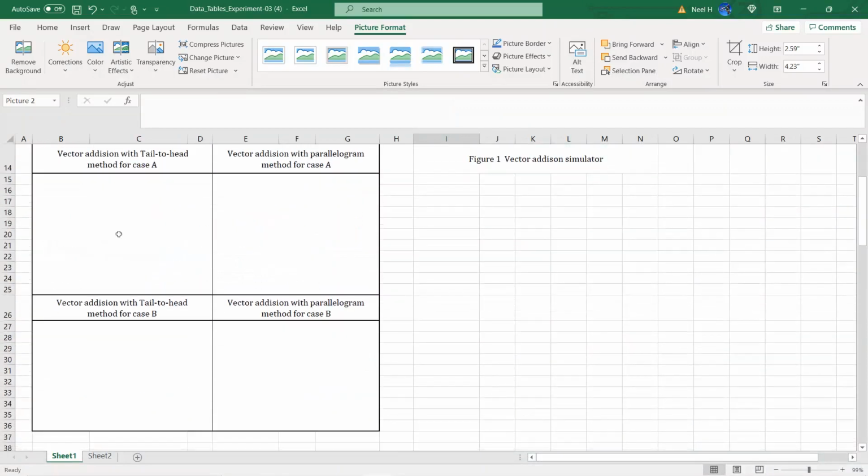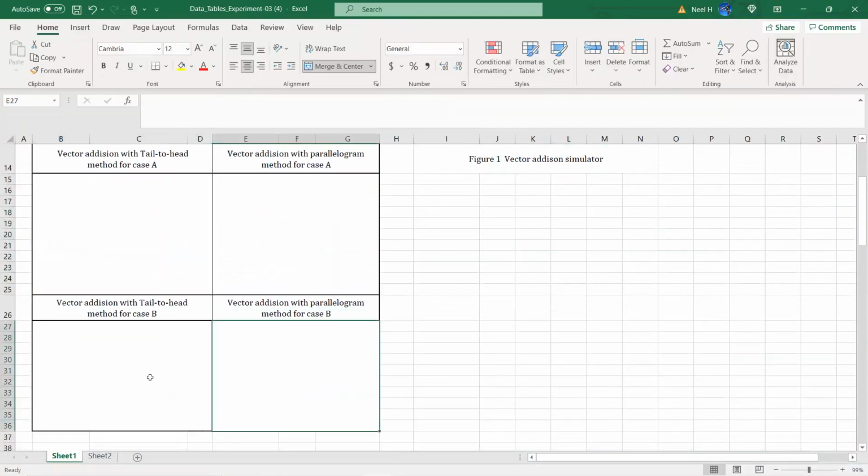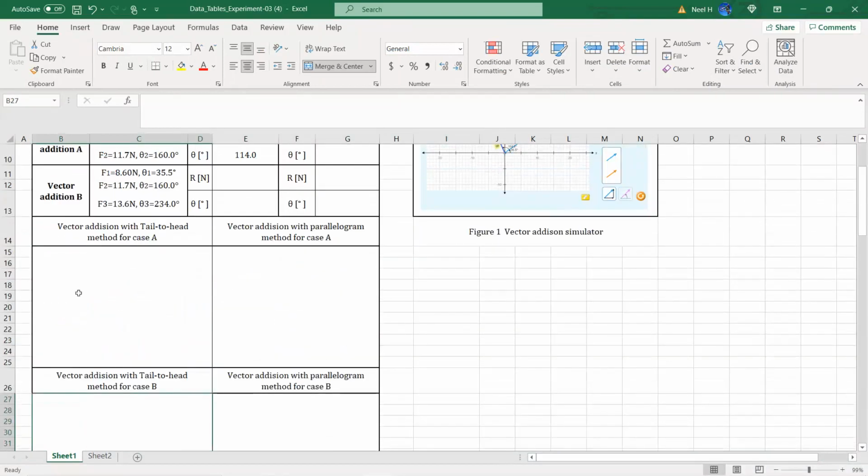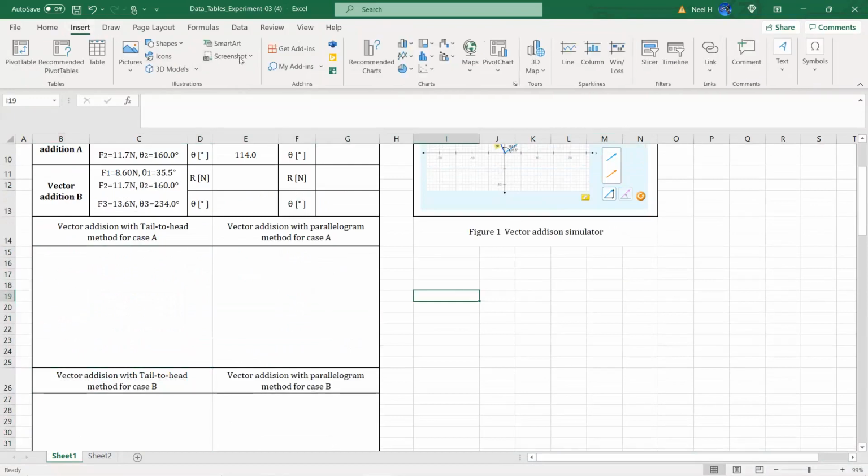Then right here, these places are for the vector diagram. The vector diagram does not need to include this other information. It needs only the diagram we created. Okay, zoom in on a picture of that. We'll take a picture of the vector diagram, and then for case 1, we'll insert that.